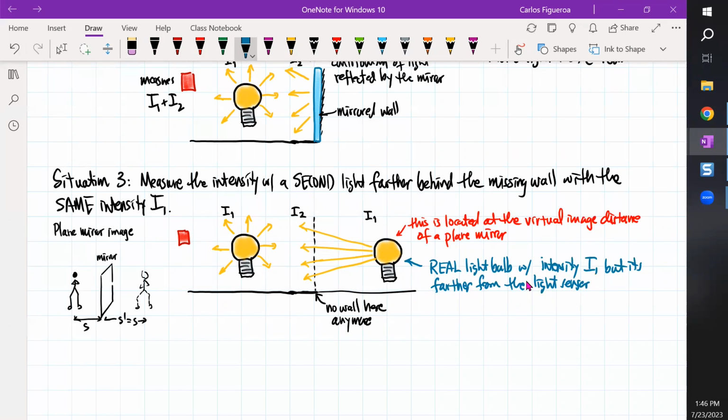So the total intensity at the light sensor is then going to be I1 plus I2.